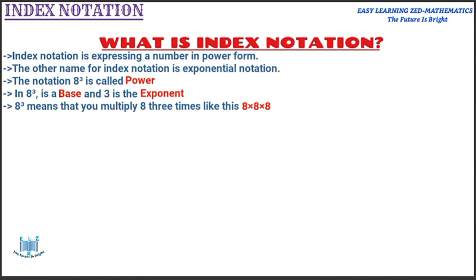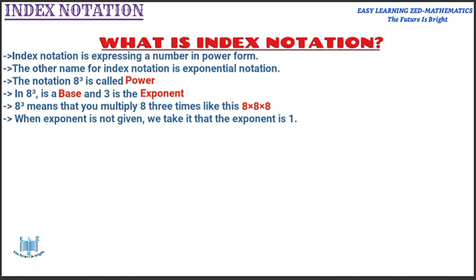When the exponent is not given, we take it that the exponent is 1. If a number is written in index notation and the exponent is not written, what you should bear in mind is that the number has an exponent of 1. For instance, if you find that 2 is just written without any exponent, you should bear in mind that 2 is raised to the power 1.